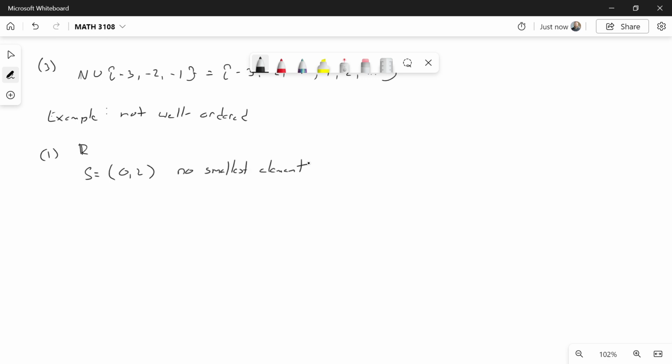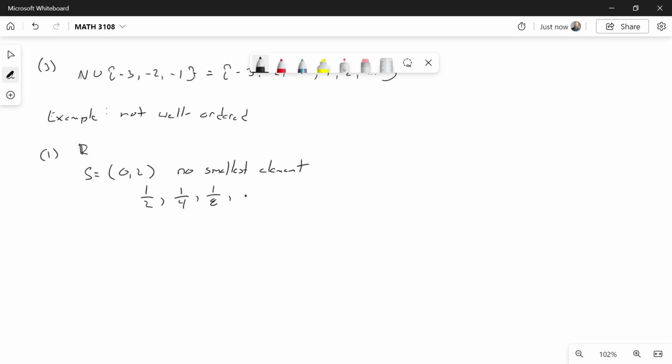And how do we see this? Well, easily. We can just pick an element inside of here. So this is in between 0 and 2, so let's take a half. So if I start at a half, let's get smaller than this. Let's divide by 2. So if I divide by 2, well, then I'm at 1/4. Can I divide by 2 again? Of course I can. So now I'm going to go to 1/8.